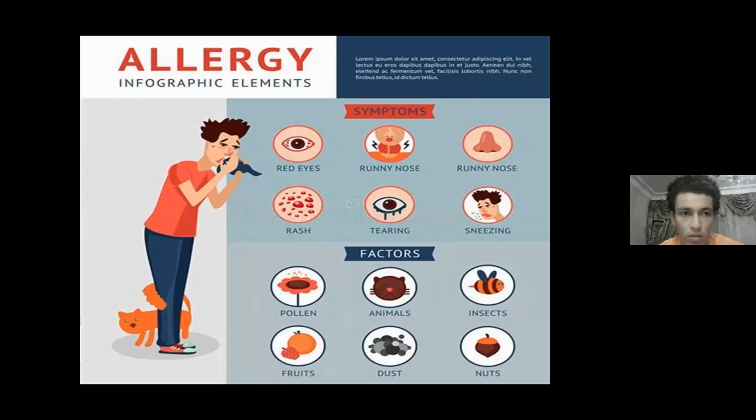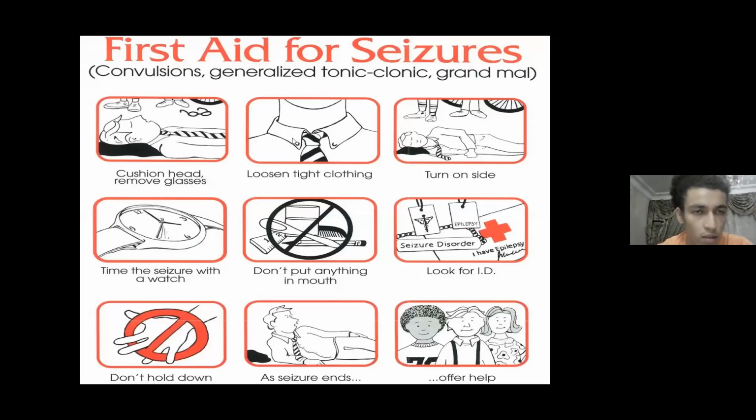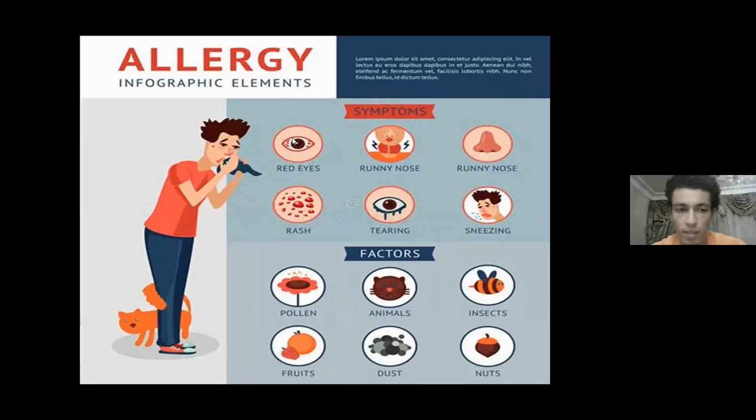Any more questions? Oh, okay. Then let's go to the last topic of our first aid session. It's allergic reaction. We all know that allergy can come from food, can come from parasite, can come from animals, dust.